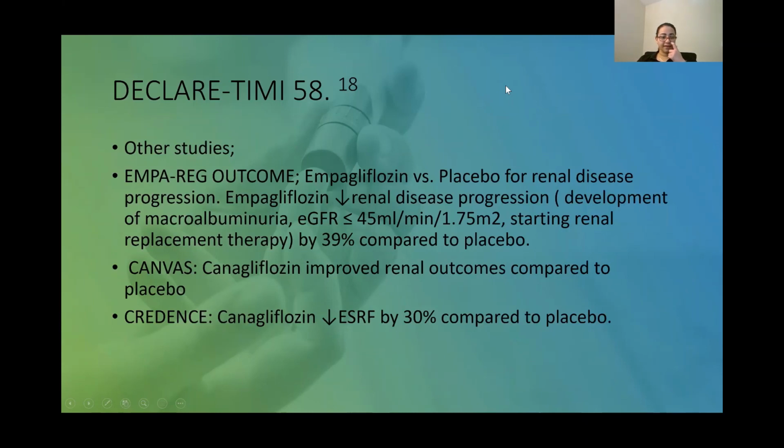Also, the CANVAS trial, which compared canagliflozin to placebo, and canagliflozin improved the renal outcomes compared to placebo. There's also the CREDENCE trial, where canagliflozin decreased end-stage renal failure by 30% compared to placebo.